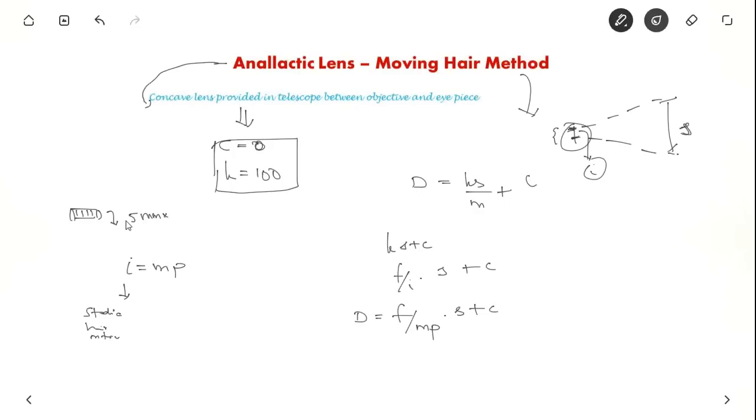It won't be that much, it will be some 0.05 millimeter or something. So that is pitch. M is the number of rotations of the screw. So that is what is written here. D is equal to F divided by MP into S plus C.